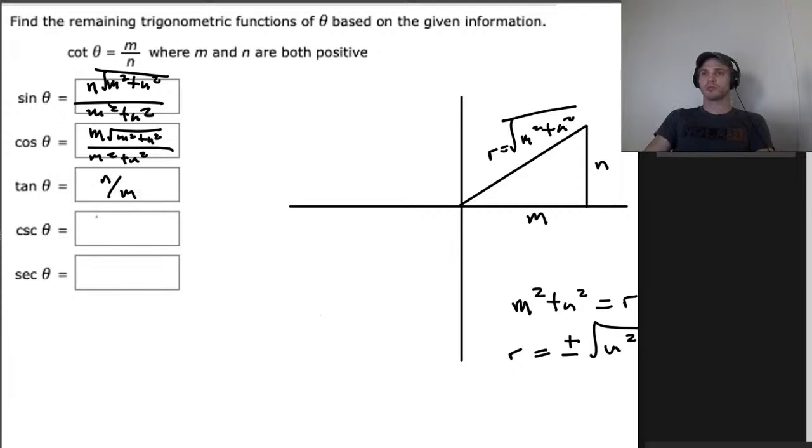Cosecant is the reciprocal of the sine, so it's the hypotenuse over the y. And secant is the reciprocal of the cosine, so it's the hypotenuse over the x. Yeah, that one's cool.